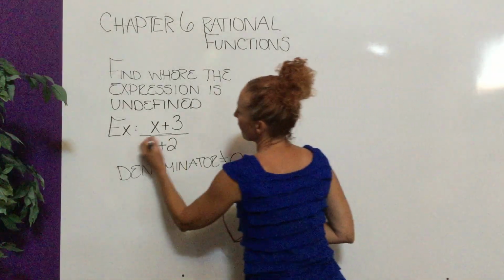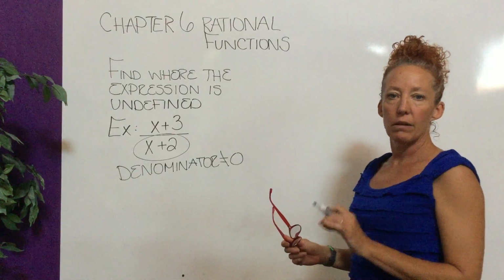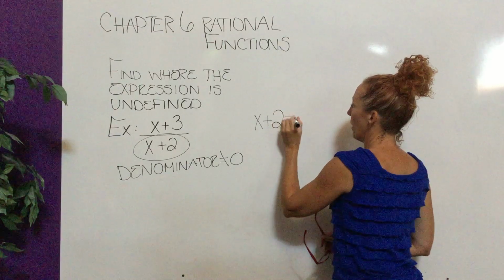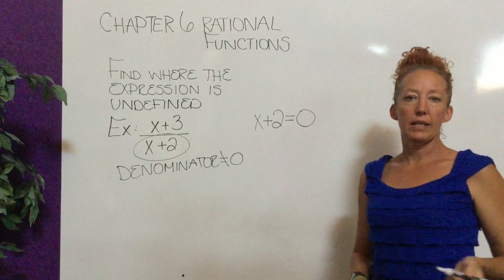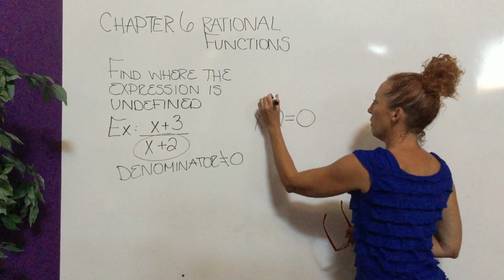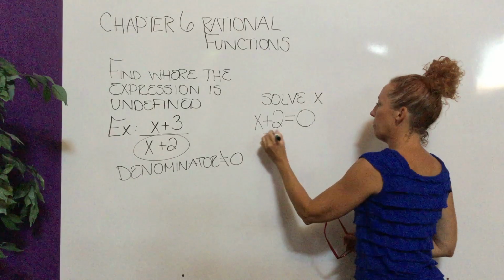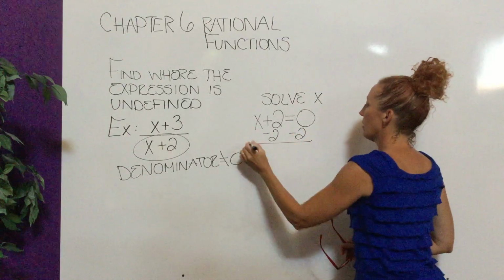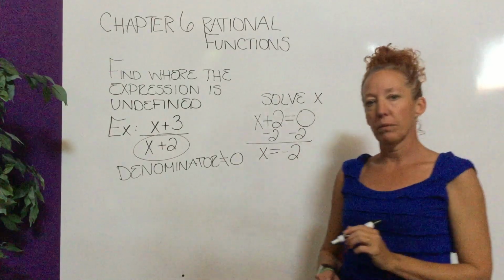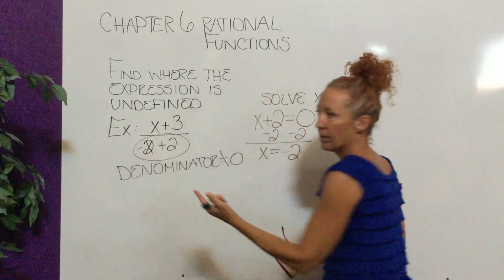So what value of x would make that denominator 0? Well, if you don't see it right away, we're just going to set that denominator equal to 0 and solve it for x. So subtract 2, and anytime x is equal to -2, if you substitute that in, you would get 0 for the bottom.